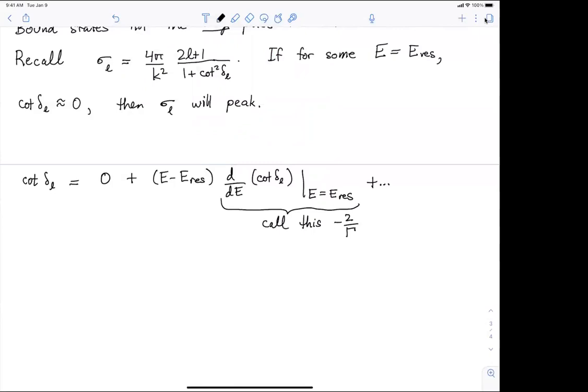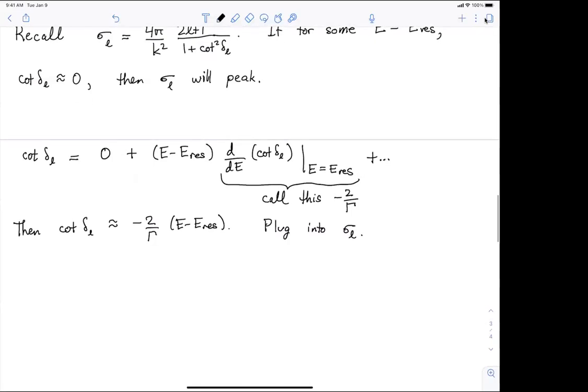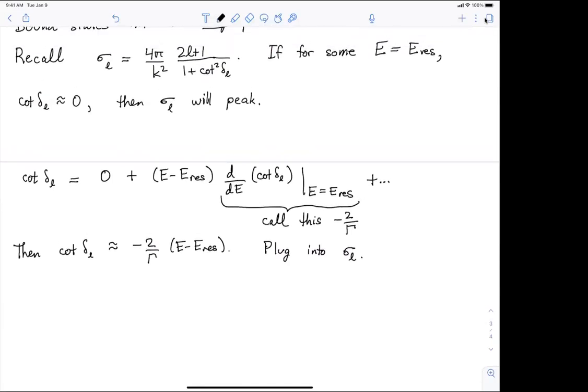So if we do that, then up to the higher order terms, cotangent delta L is approximately -2 over gamma, E minus E resonance. And now we can plug that into the sigma L formula that we had. So all we're doing is we're saying this is our cotangent delta L. Let's plug it in right there.